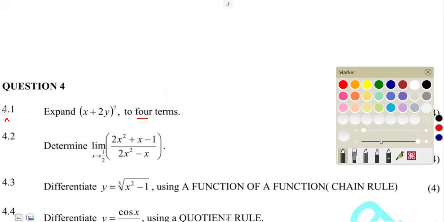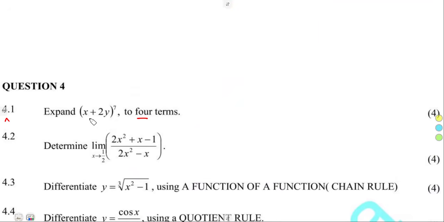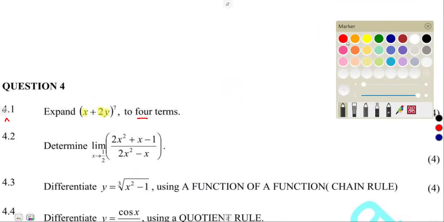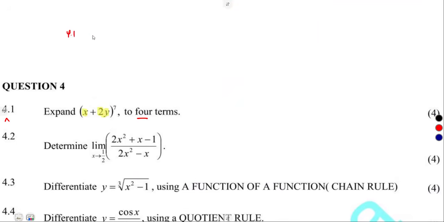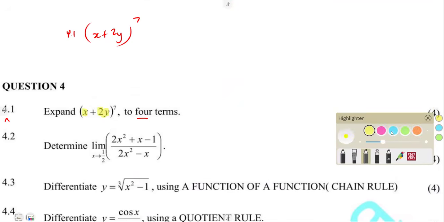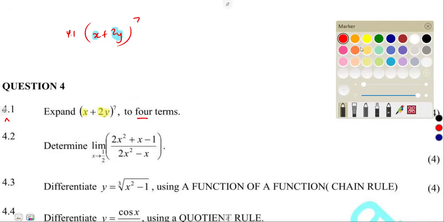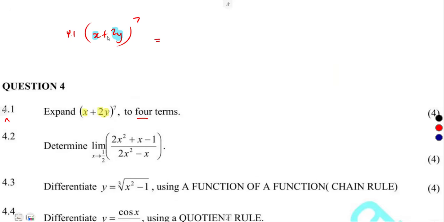All right, so remember, guys, I just dealt with this type where I said try to just apply the derivative concept. How do we apply the derivative concept? x plus 2y, these are the two terms that you are going to consider. From the expansion, you take the first term raised to the exponent of 7. So x raised to the exponent of 7.